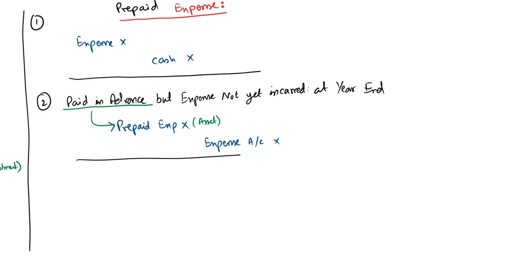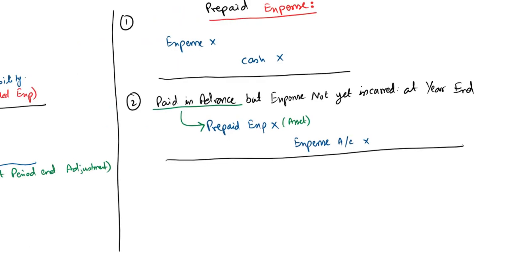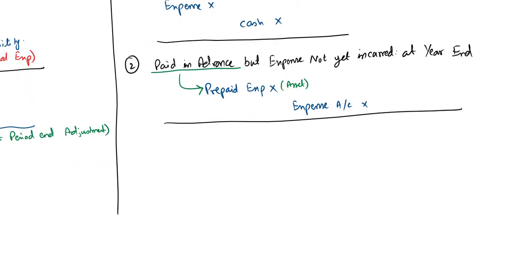So what entry will we pass on the first day of the first month, 1st January 2025? We will reverse this entry in the next year. So the entry will be: expense account debit and prepaid expense credit.